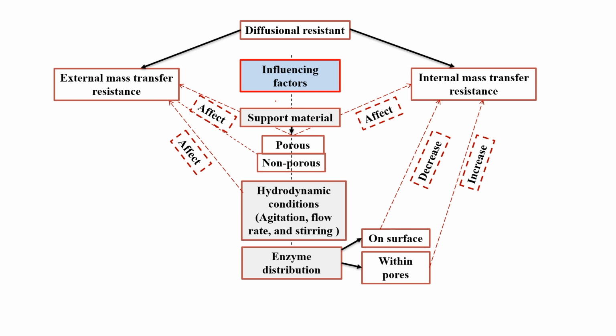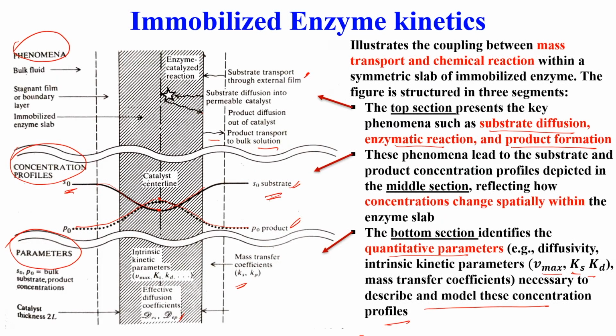There is the support material, it can affect both external and internal mass transfer. Now, what is external and internal mass transfer? If I go back to the last slide, travelling from the bulk to the surface, this is called external mass transfer.